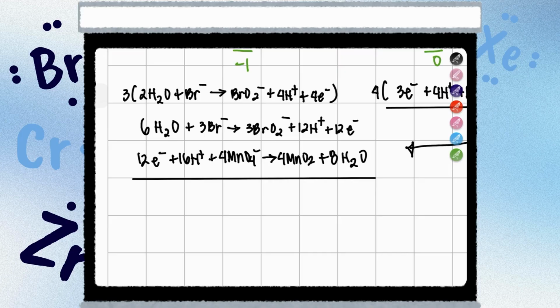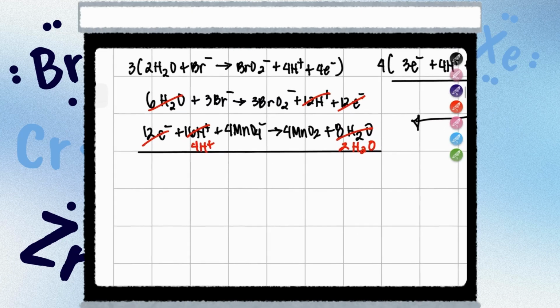So meron tayong H2O on both reactions. So 6 and 8. So 8 minus 6 is 2. So meron tayong 2H2O na lang. And sa 12 electrons, of course, cancel out na yan. And sa hydrogen naman, we have 12 and 16. So 16 minus 12 is 4H plus.